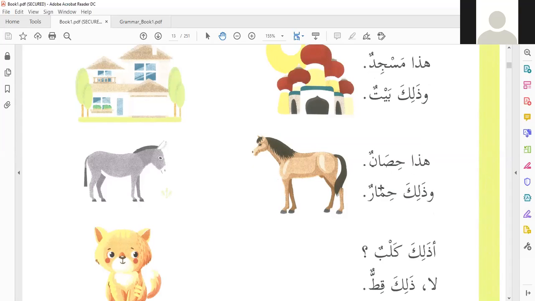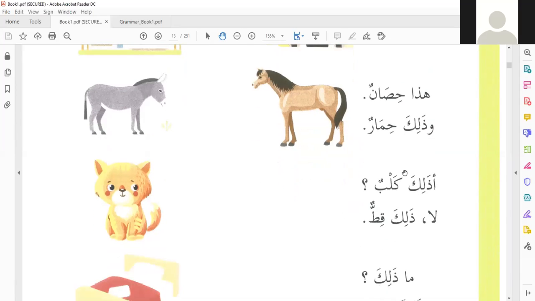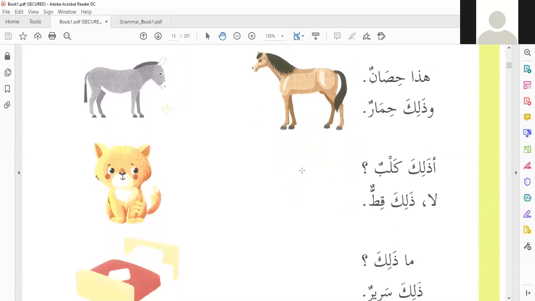And Dr. Muhsin let his wife do this example because he got in trouble, I think, last time. وَذَلِكَ حِمَارٌ. And that is a donkey. Excellent. This one is near. It is that, therefore we use هذا, demonstrative pronoun, اسم الإشارة, for something close, and ذلك اسم الإشارة, for something farther away. Let's go to Ibrahim. Can you do the next example?